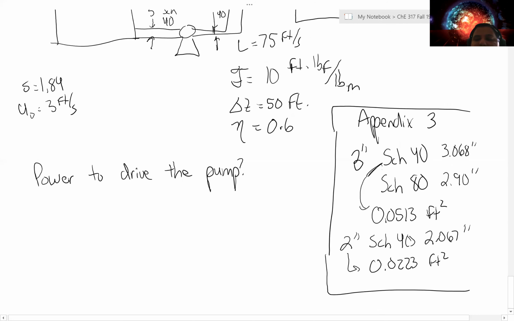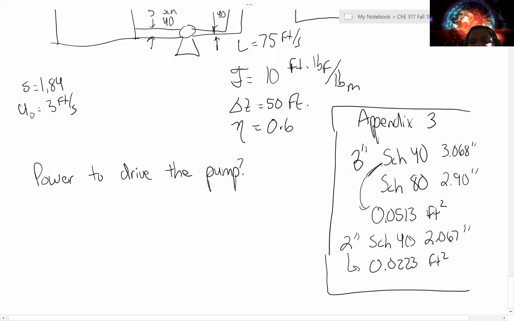So, to summarize, we have to pay attention to not only what the nominal pipe diameter is given, but also the material of construction and the schedule as presented will influence what those actual numbers should be.